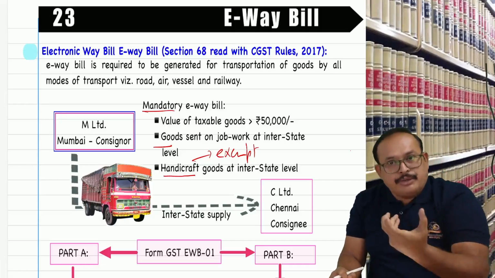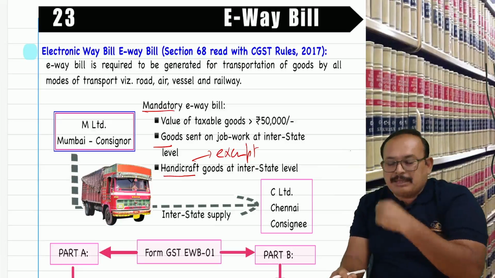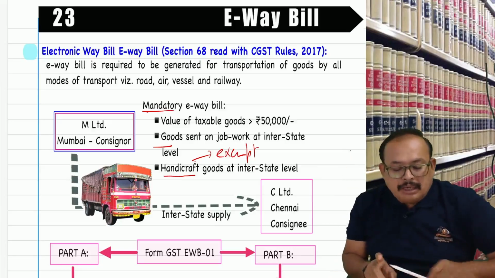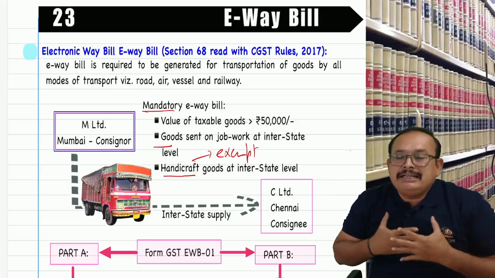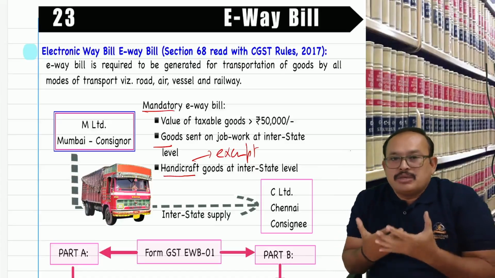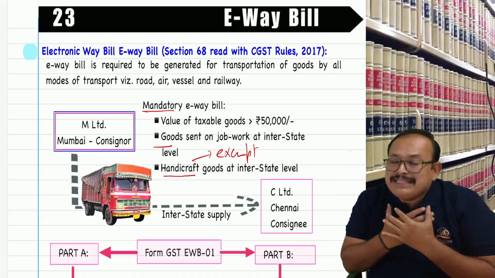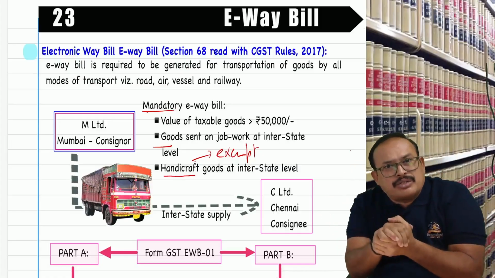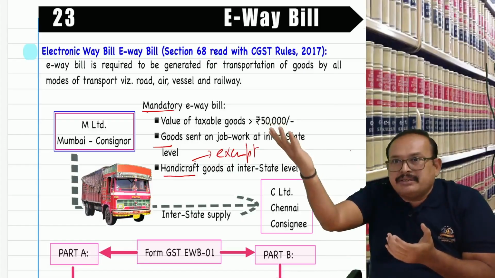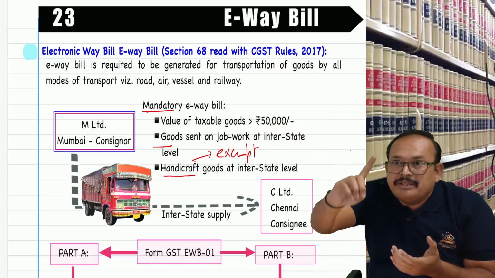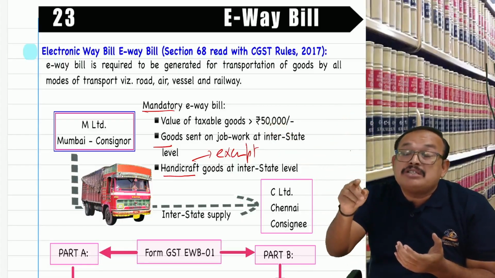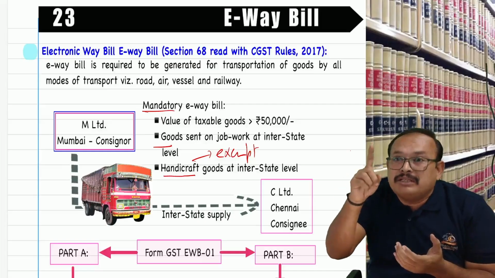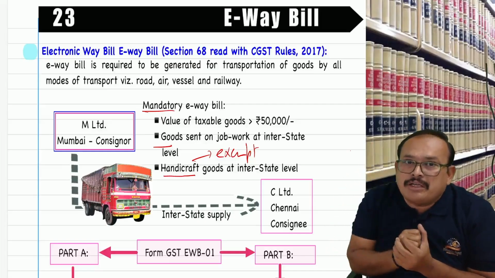I will refer to it and then show you, because I'm not interested in reading the contents. Listen to me. A handicraft goods supplier is exempt from registration. Even if he supplies goods to another state, he is exempted from section 24 clause 1. Section 24 clause 1 says what?